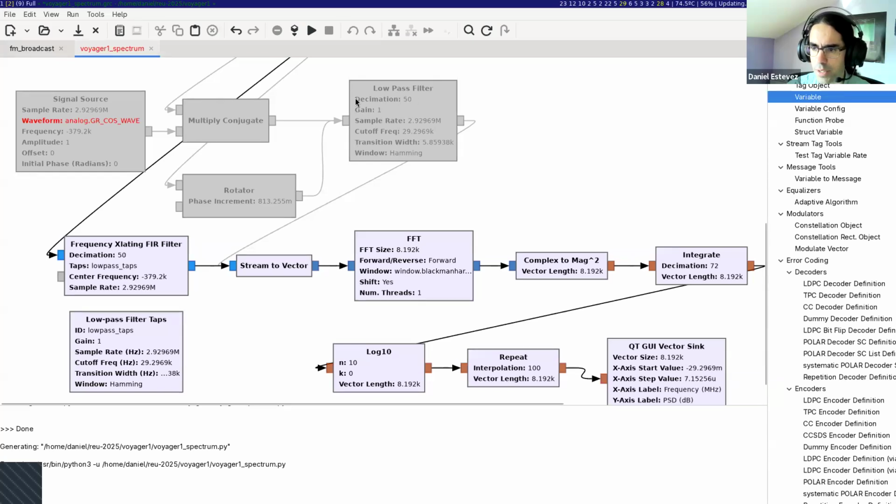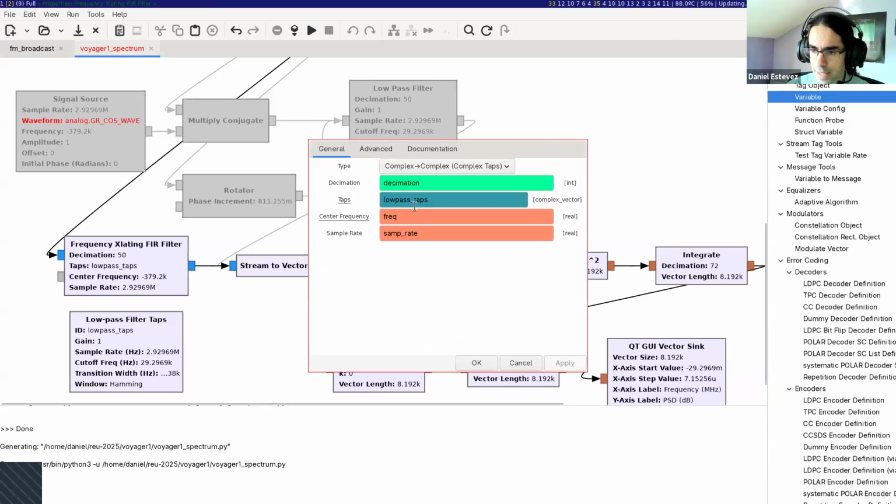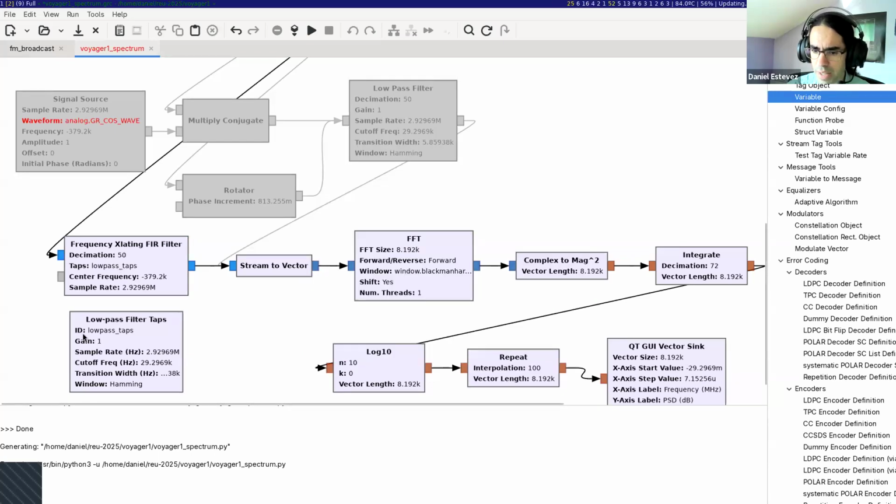It has the same parameters except for the decimation, but it's used to set a variable, and we set the name of the variable here, low pass taps, or you can give it any name you want. And then we can set the same name here. So that's how these two blocks are linked by this ID, which is set in here.